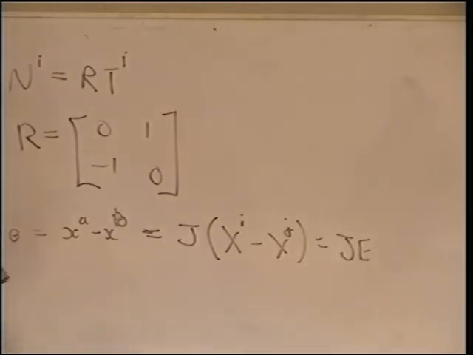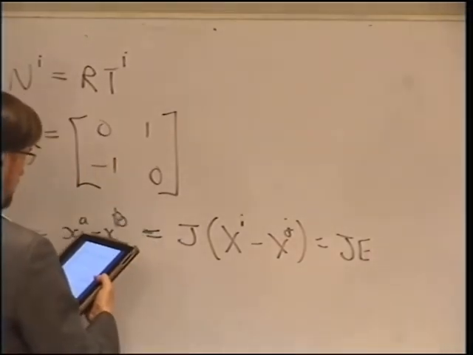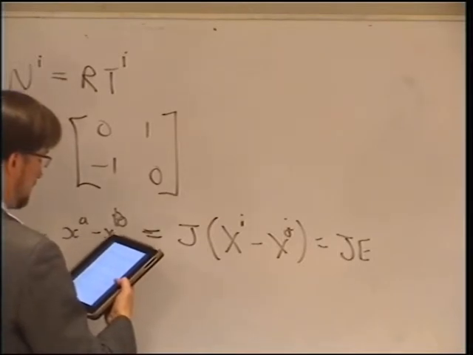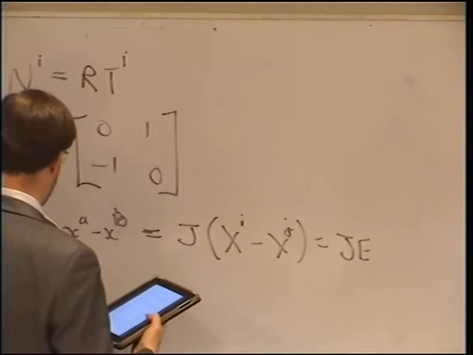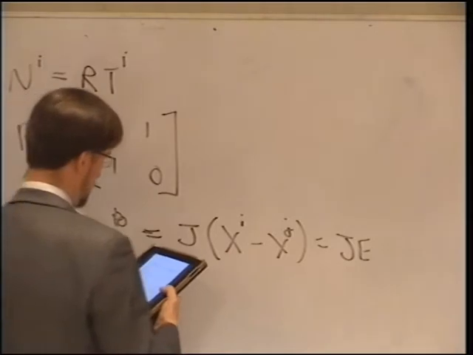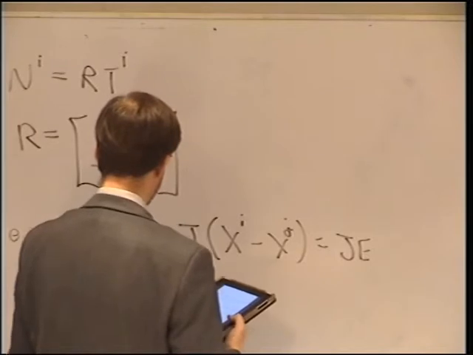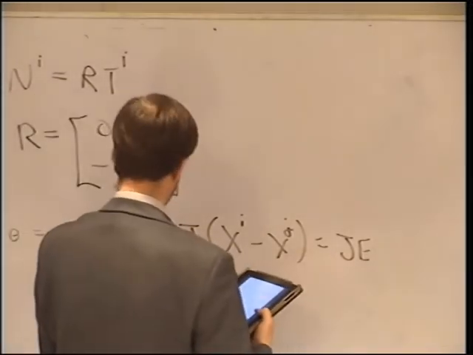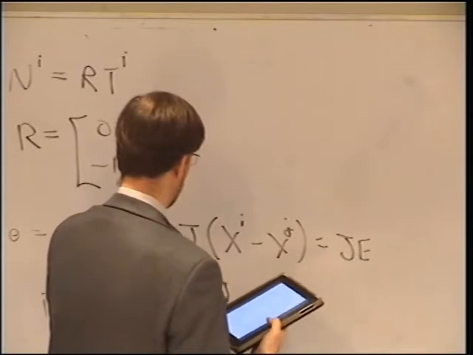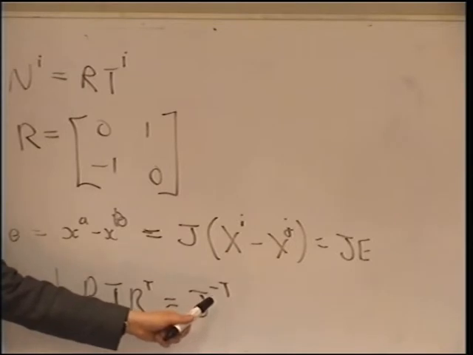The first one is that 1 over the determinant of the Jacobian, Rj Rt, is equal to, well, I'm not going to expand that out now, but if you expand it out, it's just a consequence of the normal formula for writing out the inverse.